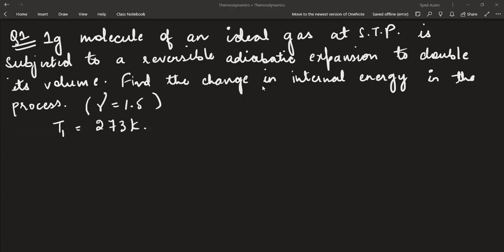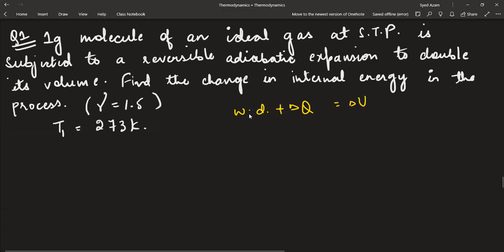Look, class, if you get these kinds of questions, how to proceed in the exam? First see which kind of process it is. It is an adiabatic process. With adiabatic, it should immediately come to your mind that work done will be equal to the entire energy. According to the first law, work done plus change in heat is equal to the change in internal energy.